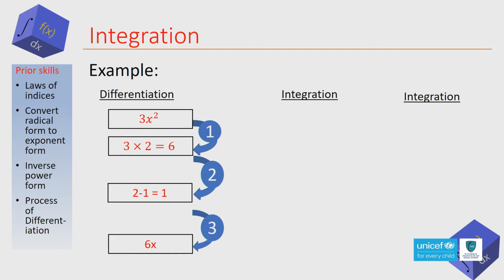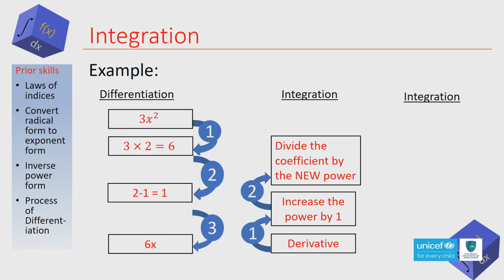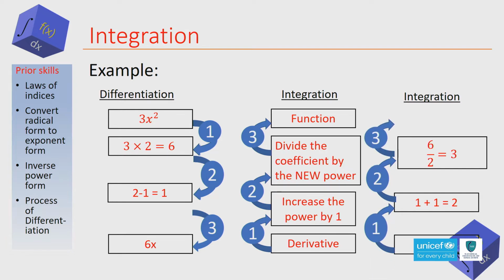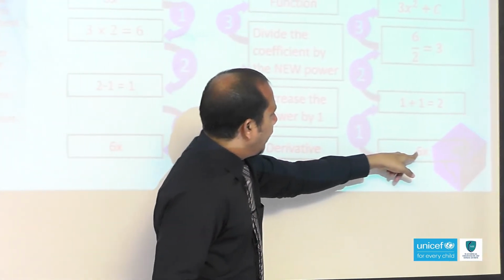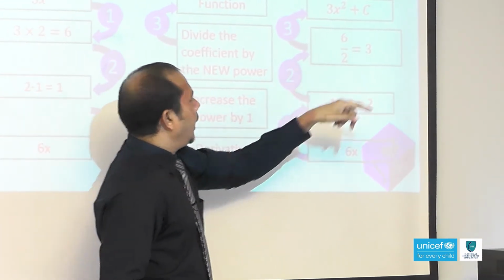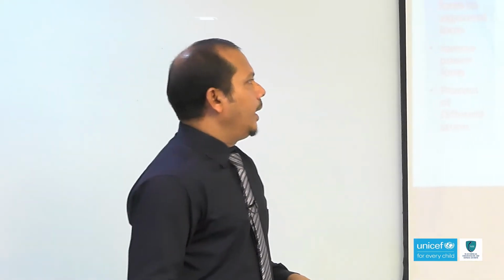For the integration part, we take up 6x, and here we subtracted, but there we are adding. Remember, this power is 1. So, if I add 1 plus 1, I get 2. So, the new power will be 2. So, the coefficient which was 6 will now be divided by the new power which is 2, giving you 3, and finally we write the answer is 3x squared.